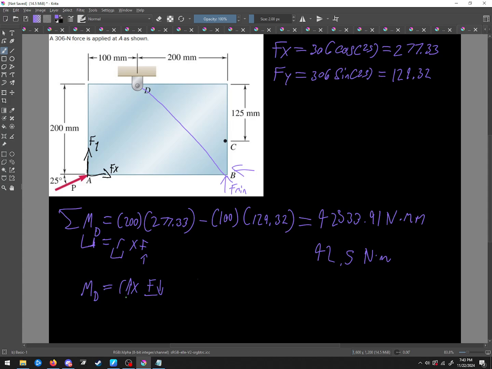Now here's the thing that I don't quite get about that, right? Distance doesn't change no matter what. We are taking it about this point no matter what we do.